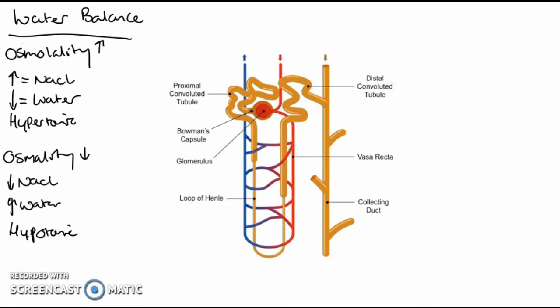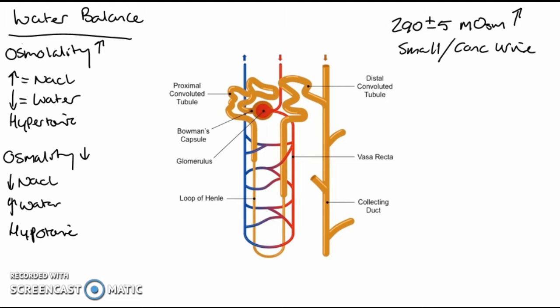So what we're talking about with this is basically the kidney responding to changes in the osmolality of your plasma. Now plasma has got an osmolality set point of 290 plus or minus 5 milliosmoles. So that's the homeostatic set point. Basically, if your plasma osmolality goes above that set point, then your kidney will make small amounts of concentrated urine.